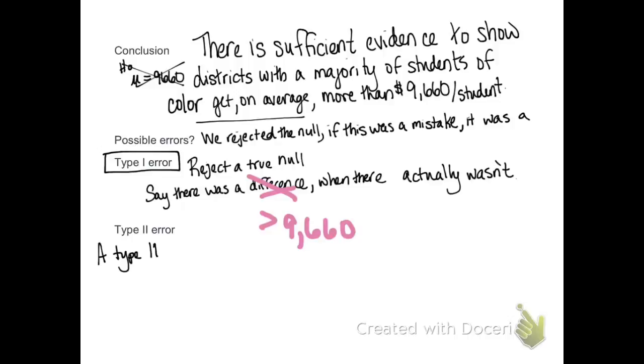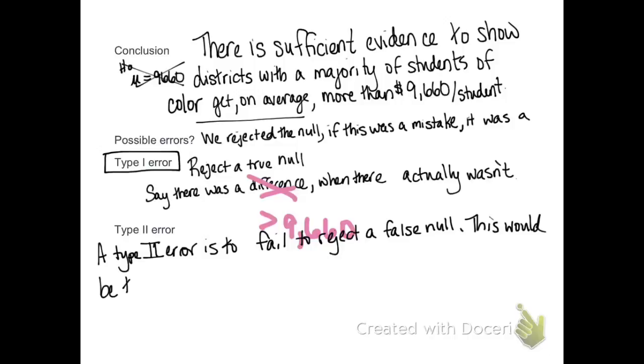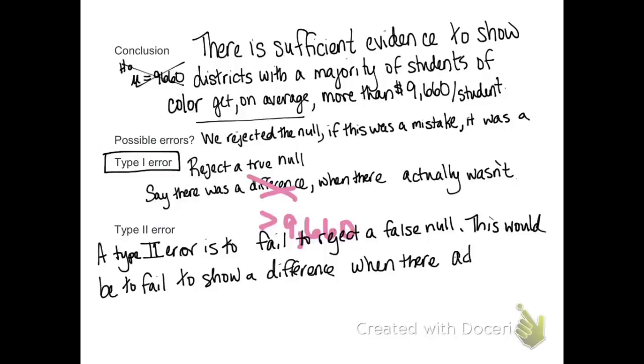Okay, so a type 2 error is to fail to reject a false null. I didn't make that error here because I didn't fail to reject the null. But I would have failed to show that it was greater than 9,660 when actually it was greater.